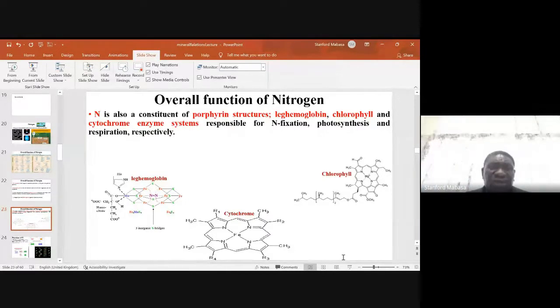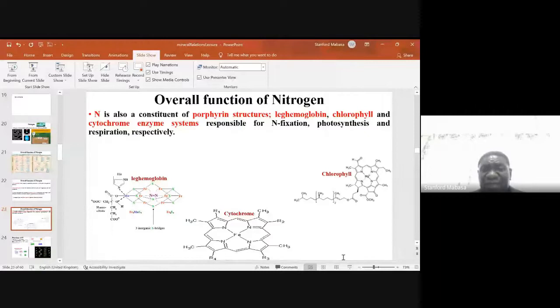It is also interesting to note that nitrogen is a constituent of porphyrin structures. For example, leg hemoglobin, which I think is found in leguminous plants, chlorophyll, and the cytochrome enzyme systems.